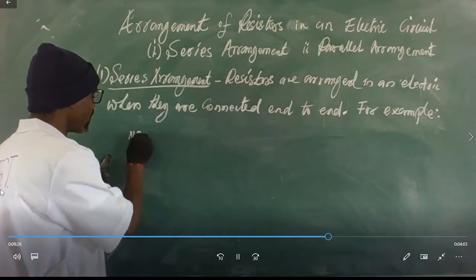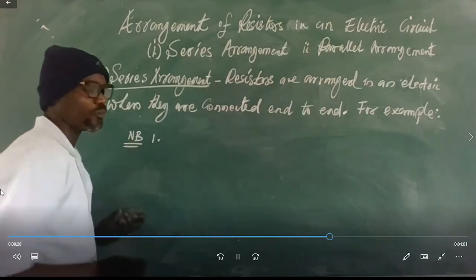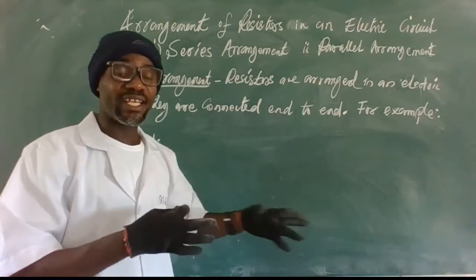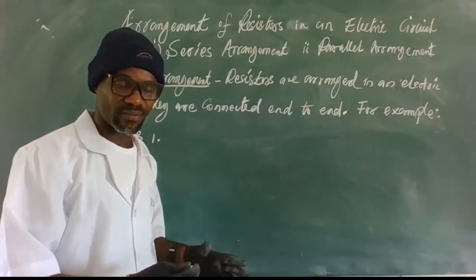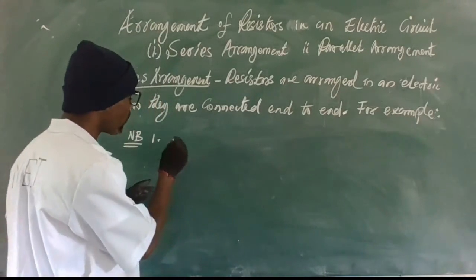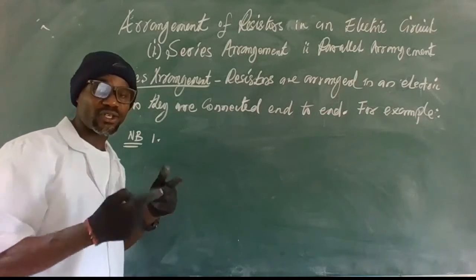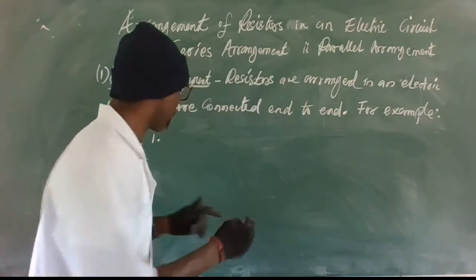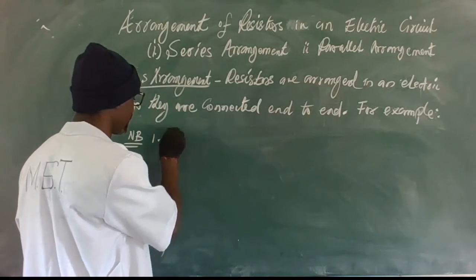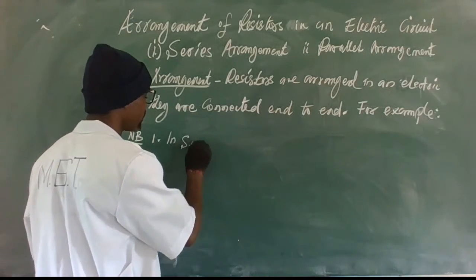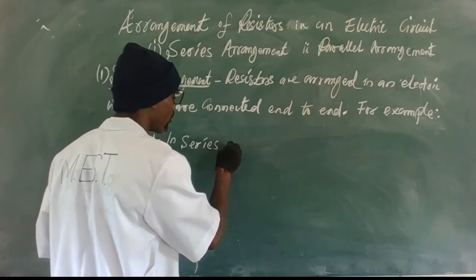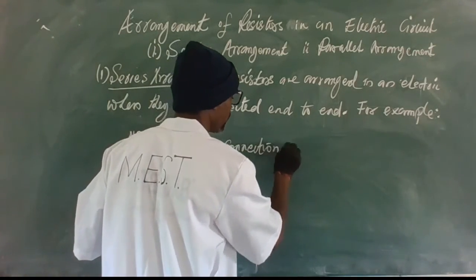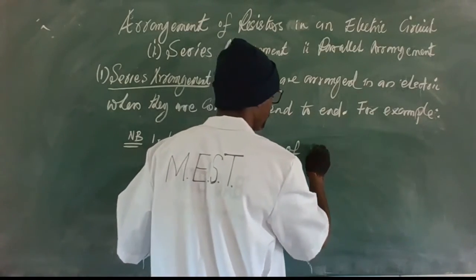We need to understand, first of all, that the current flowing in an electric circuit, take note, the current flowing in an electric circuit, when such circuit involves resistors connected in series. In resistors connected in series, connection of resistors, we must understand this. Connection of resistors, all right?